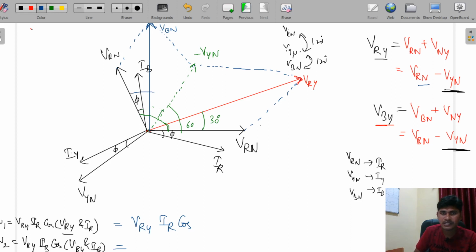Similarly, the angle from here to here is 60 degrees.